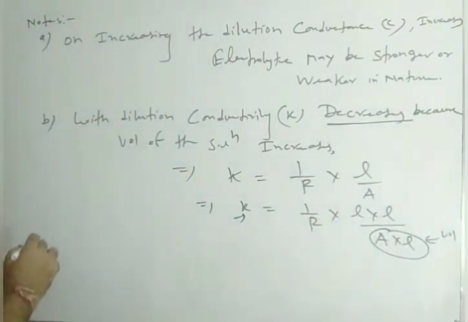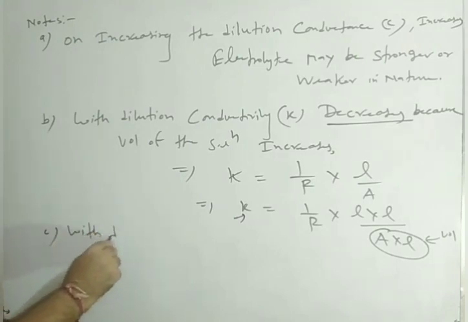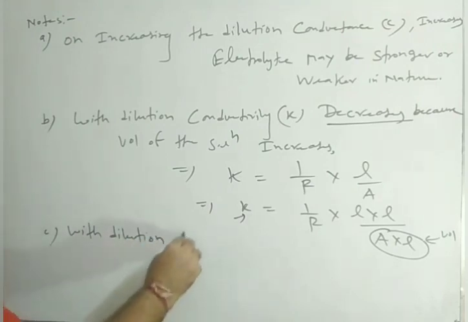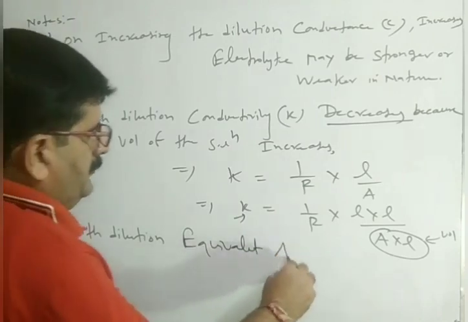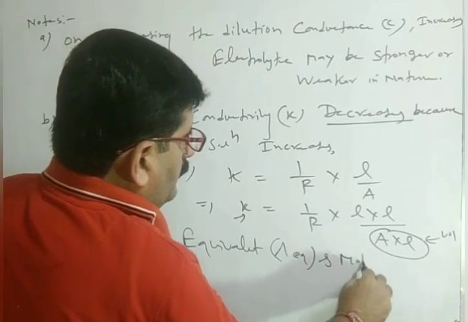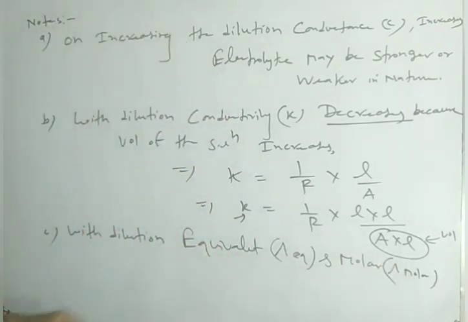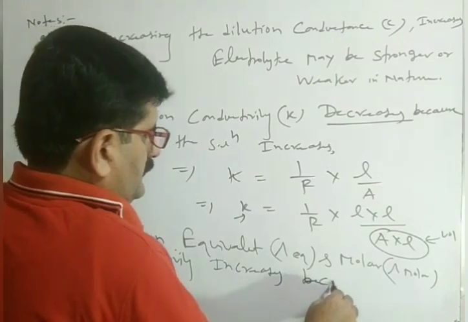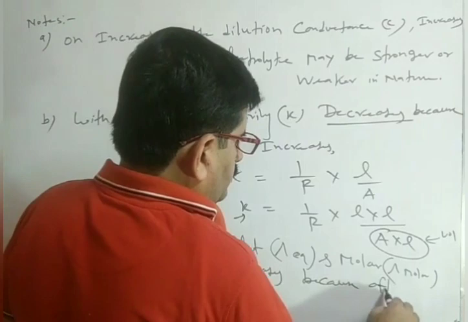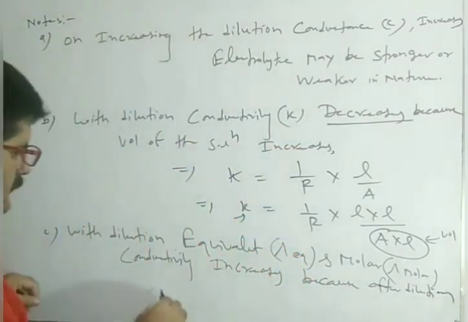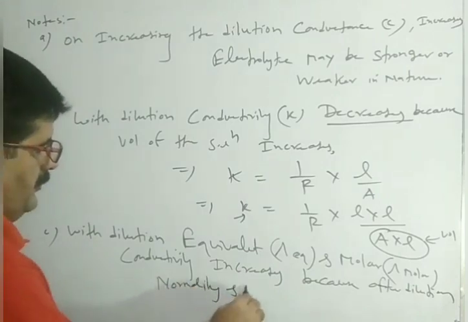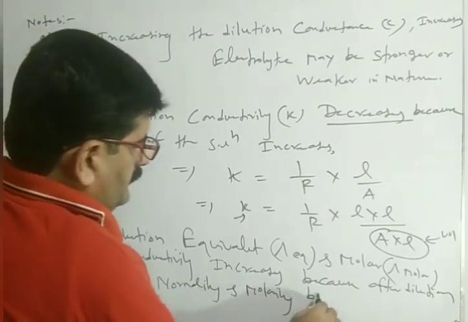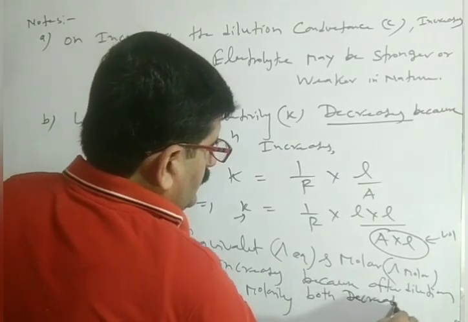Point number C. With dilution, equivalent and molar conductivity increase because after dilution, normality and molarity both decrease.